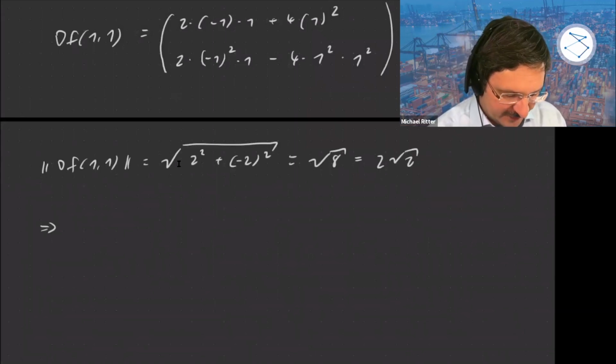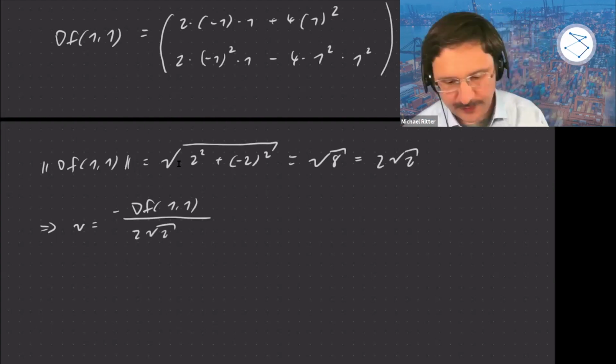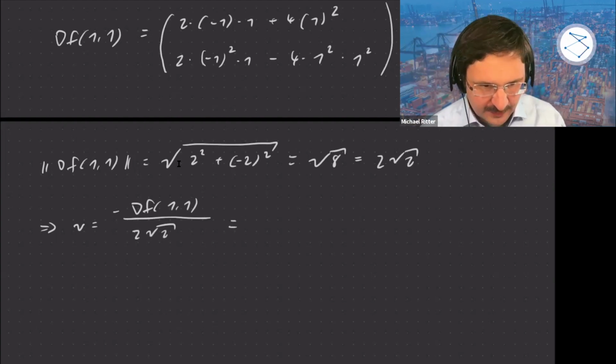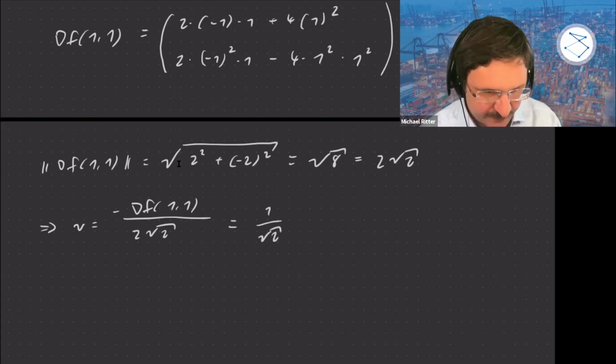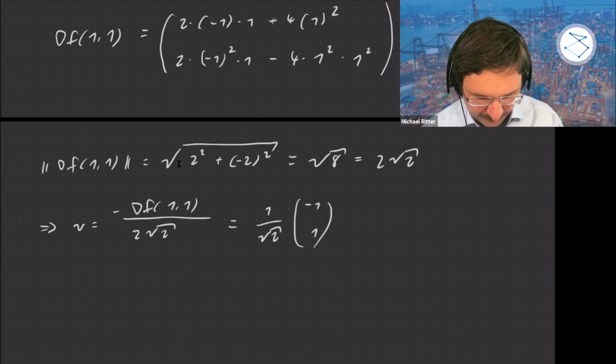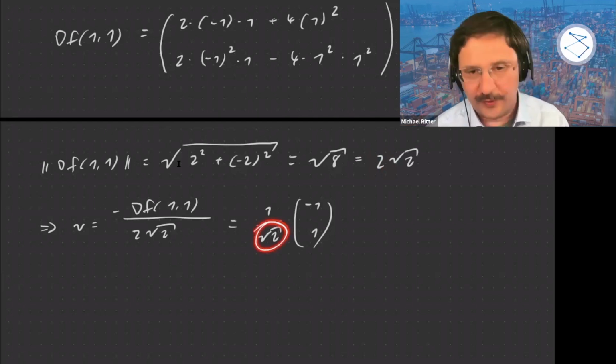So our normalized search direction v is going to be the negative gradient divided by 2 times the square root of 2. So that is 1 over the square root of 2 times (-1, 1). Right, taking the negative of that, and I cancel out a 2 here. So only this square root of 2 here is what remains.